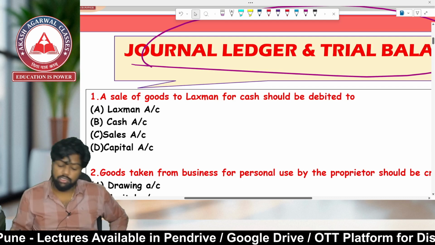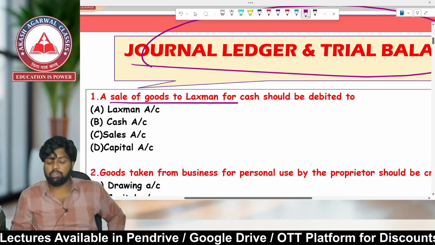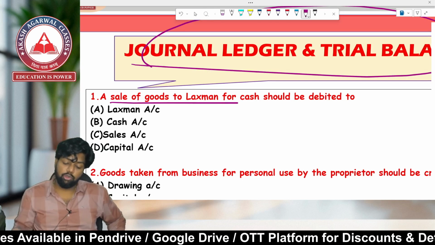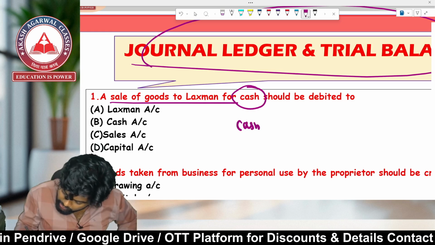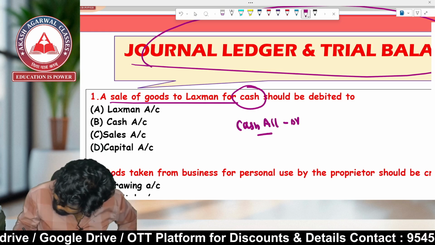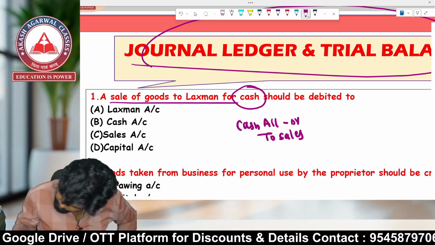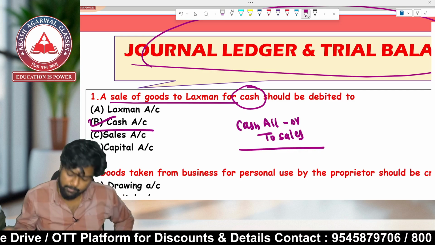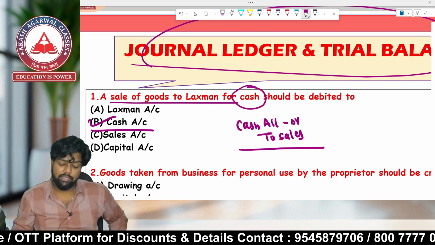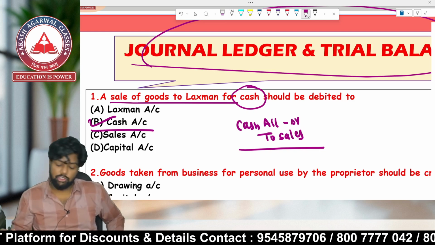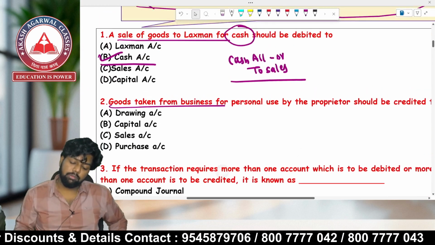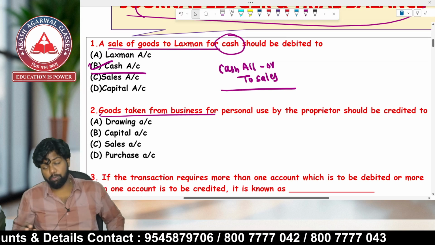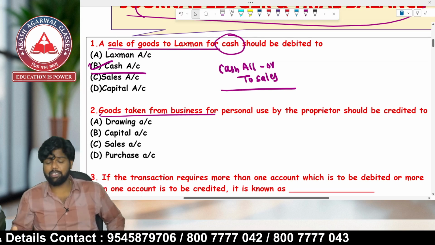The first question: sale of goods to Lakshman for cash should be debited to? We have sold the goods to Lakshman for cash, so the entry will be cash account debit to sales. So option B will be correct. Not Lakshman, cash will be correct. Goods taken from the business for personal use by the proprietor should be credited to?